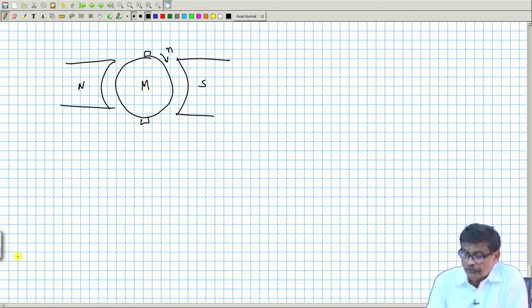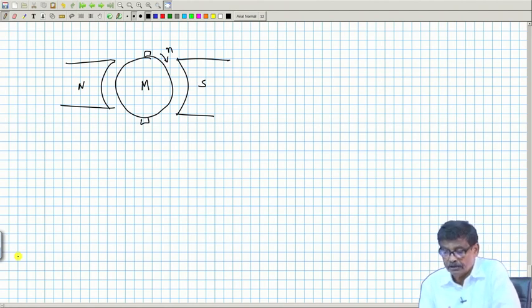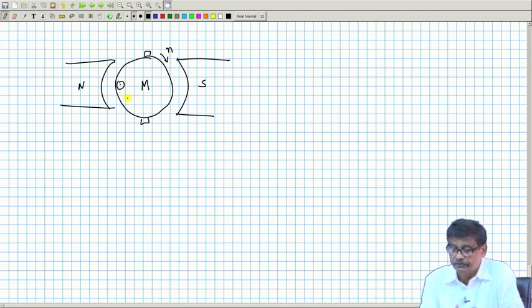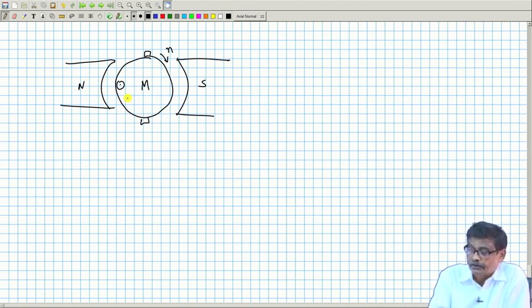Therefore, current in this conductor, this side should be dot, by left hand rule. This is north I have drawn. For a change I have done like this. You should not get disturbed about this at all.